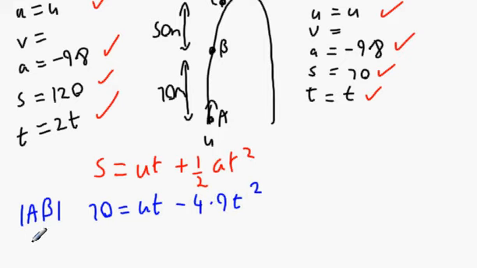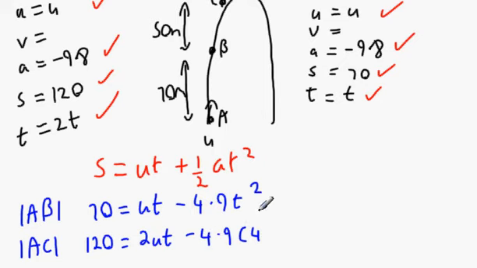Now for AC, we're going to have 120 equals 2ut minus 4.9 times 2t squared, which is 4t squared.